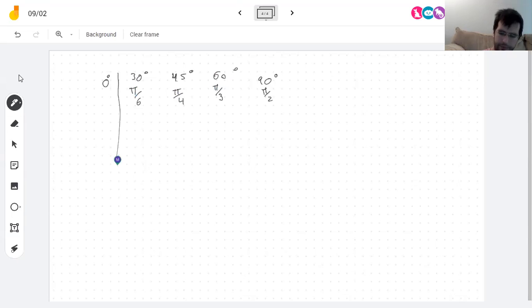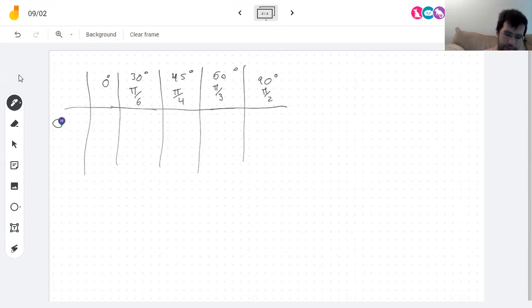So if I wanted to know the sine of these angles, I mean, this you've been forced to memorize at some point. Here's how to remember it really fast.